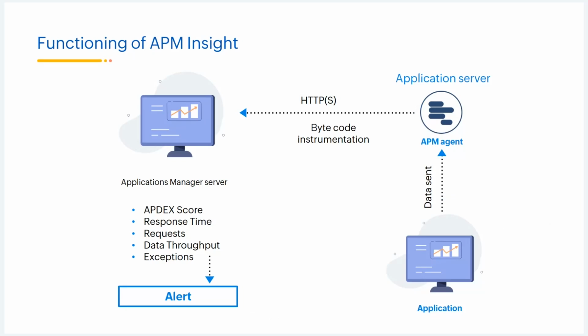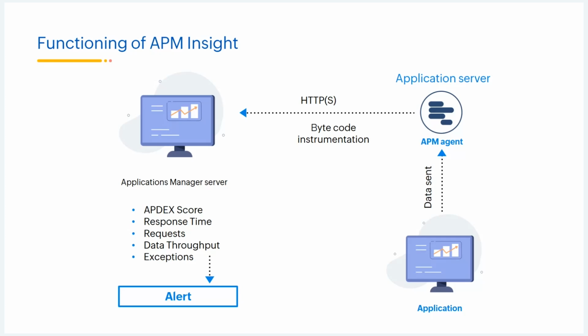Here, the application performance monitoring insight is a tool that uses agents for monitoring the application. The initial step involves deploying an agent onto the servers where the applications are running. These agents are responsible for gathering the performance data and transmitting it to the applications manager for analysis.